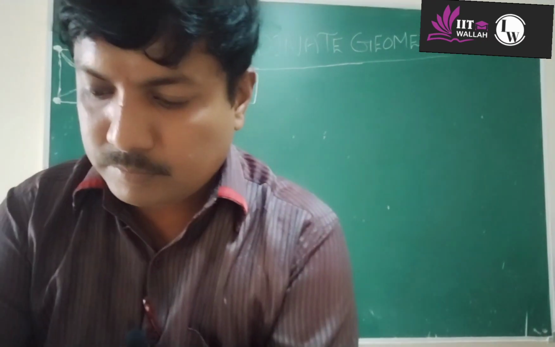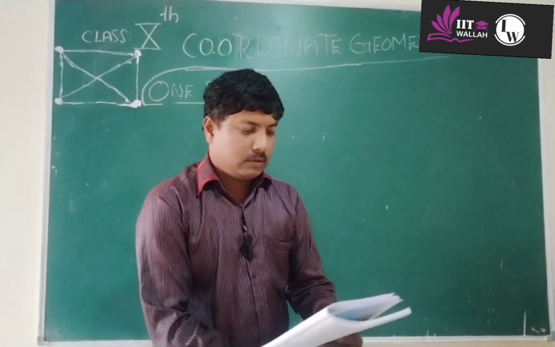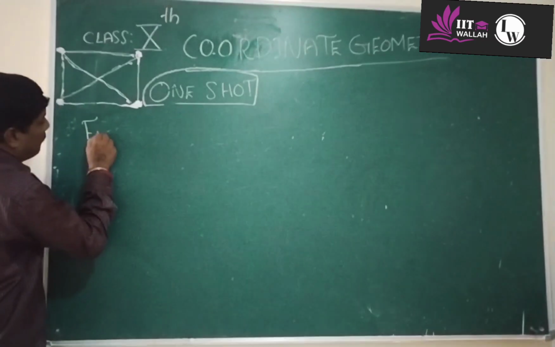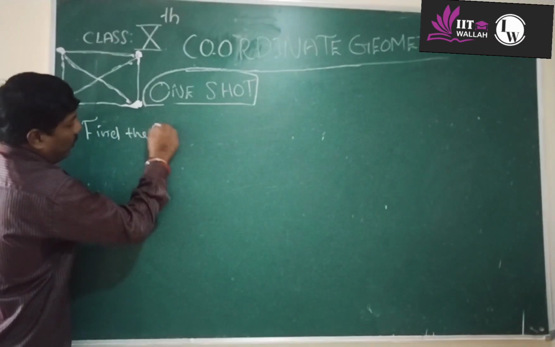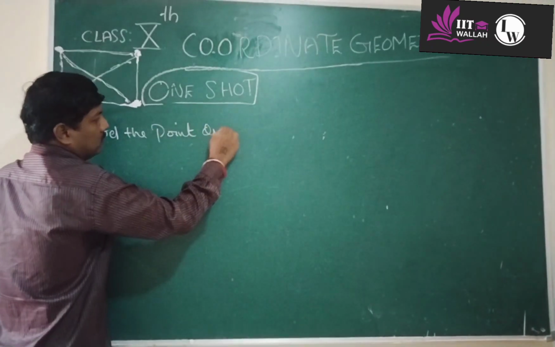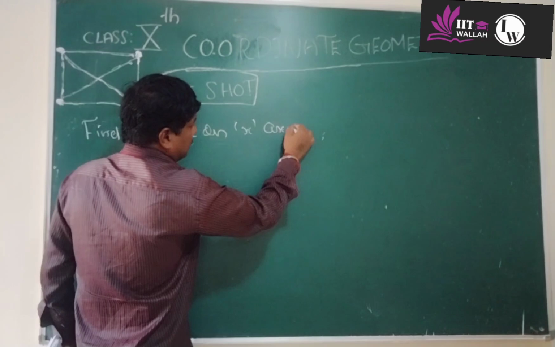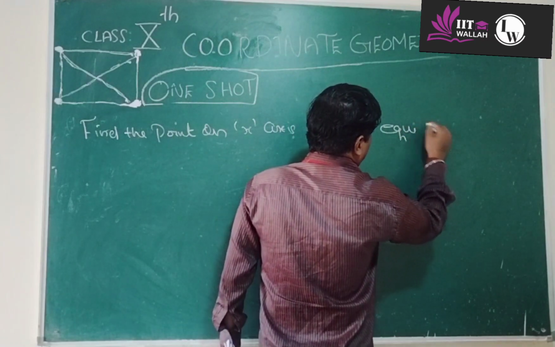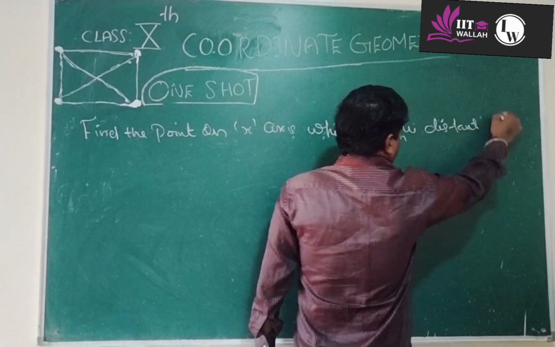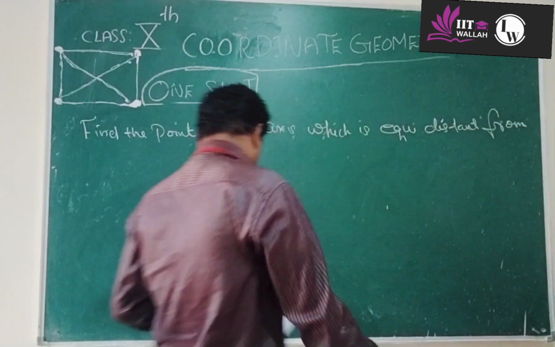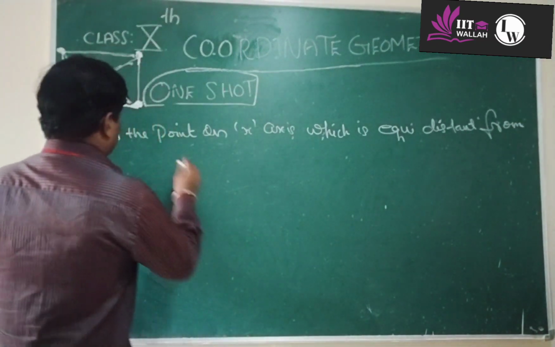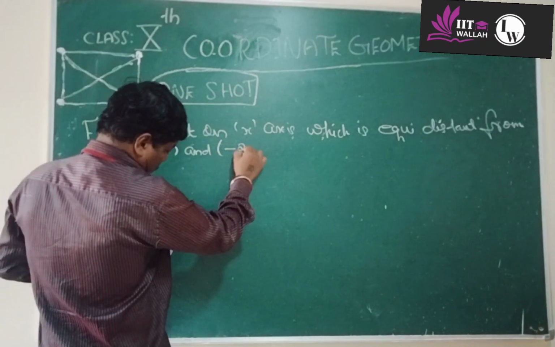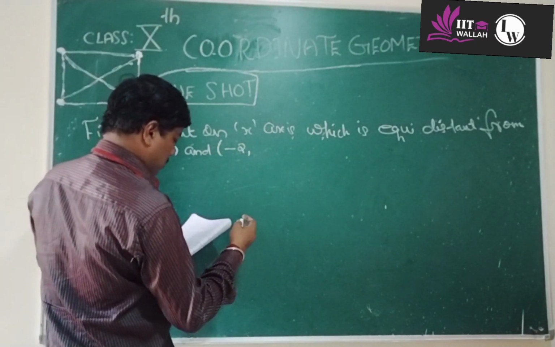One more question. Find the point on x-axis which is equidistant from (2, minus 5) and (minus 2, 9).